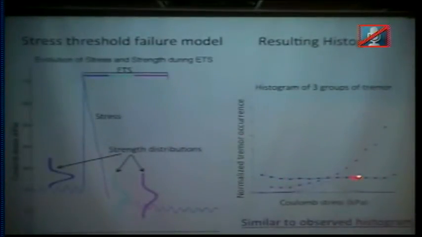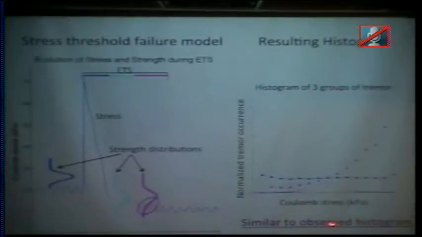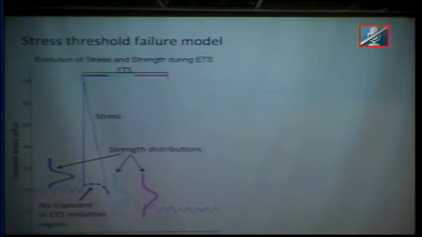We've got the initial period, the middle period, and the later period, and it's color-coded here, and we have the same behavior of sensitivity as before. So it's very similar to the observed histogram. So this does a pretty good job explaining that.